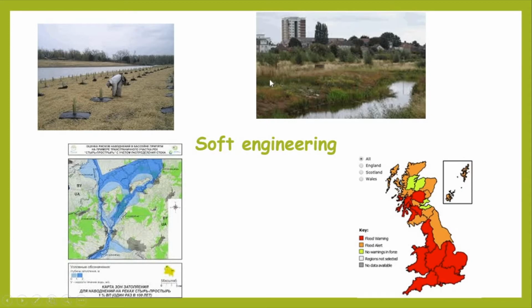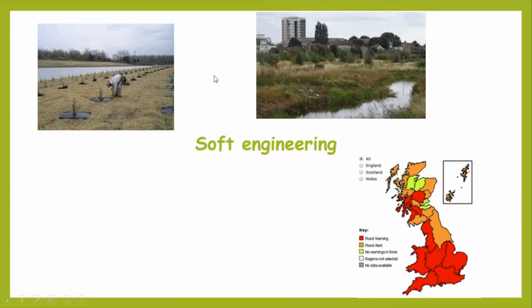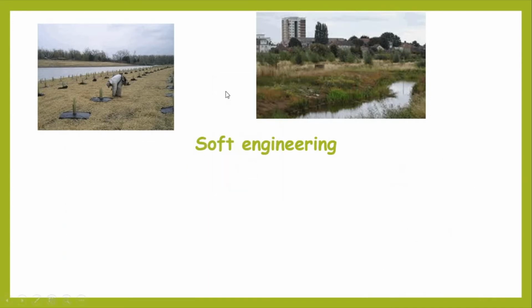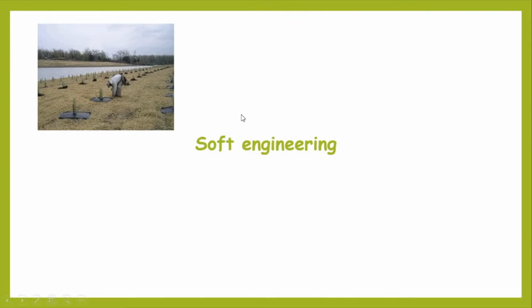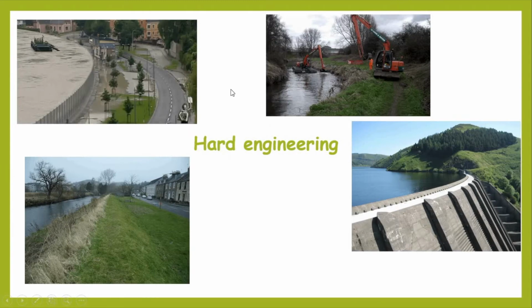What do you think from looking at these examples compared with the hard engineering examples? If I go back to the previous slide. What's the difference between these two approaches?